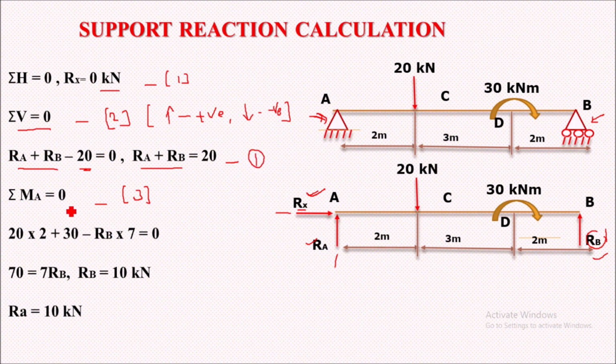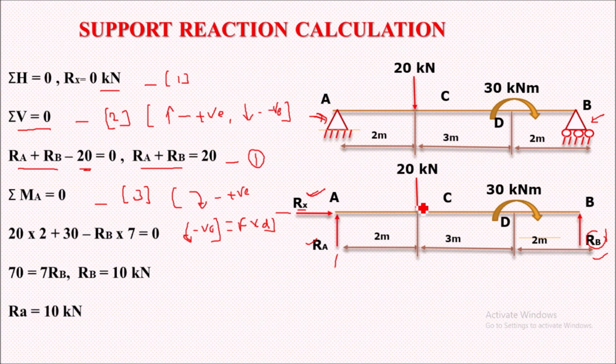Now taking moment at point A equal to 0. Moment is nothing but the product of load into distance. If the moment is clockwise like this, then it should be considered of positive magnitude, and if the moment is anti-clockwise like this, then it should be considered of negative magnitude. Taking the moment at point A equal to 0, the value of Ra into 0 will become 0.